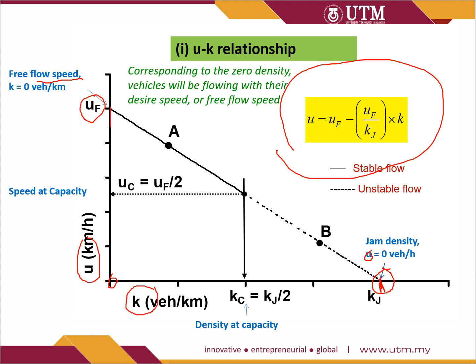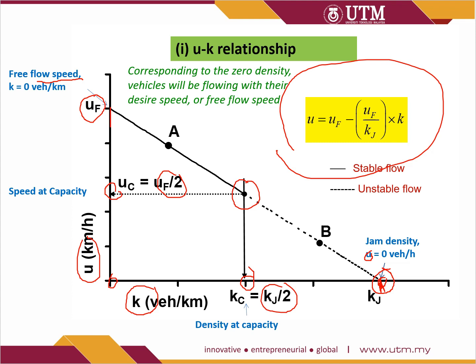Then we have the speed at capacity and the density at capacity, UC and KC. This is the maximum capacity, at the middle: UF over 2, or the middle of KJ, which is KJ over 2. So you get the maximum capacity here.